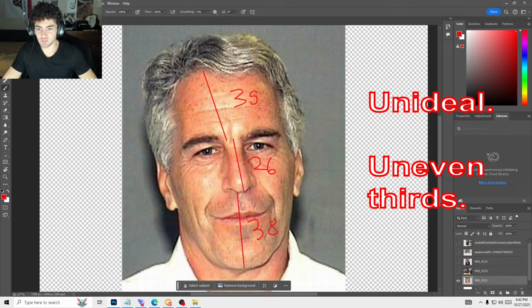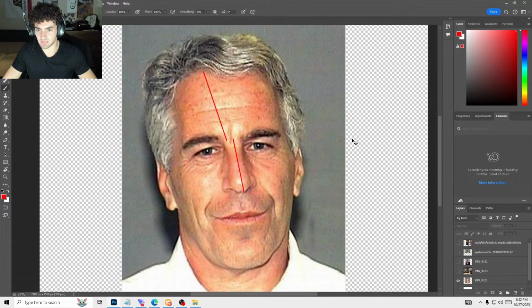As you can see, there's quite some deviation between the values of his facial thirds, and ideally you'd want the upper and middle third to be a little bit closer together. It's good in the sense that the lower third is the longest, the middle third is the shortest, and the upper third is in between. But ultimately, you want the upper third and middle third to trade a bit. You want the middle third to be a little bit longer, or the upper third to be shorter.